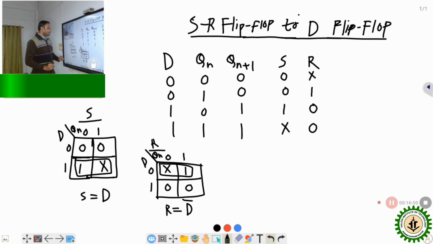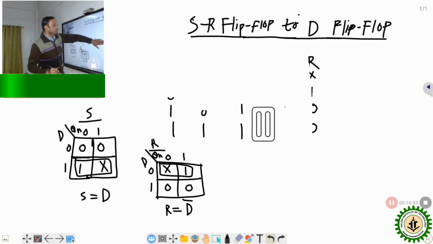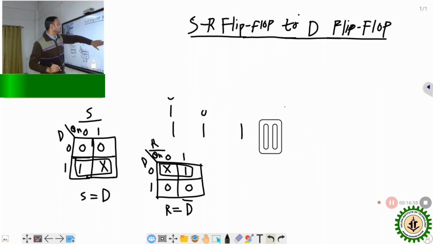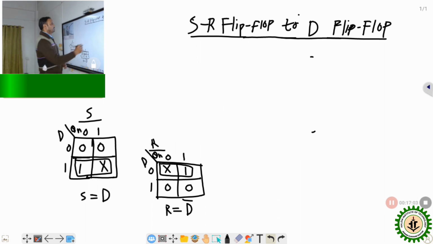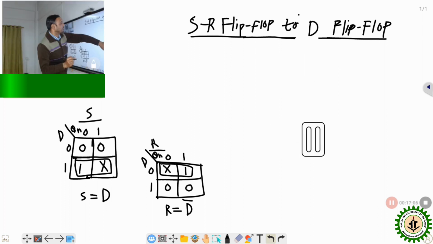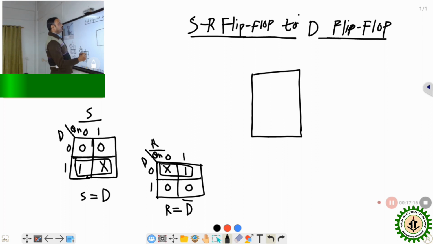So what will be the circuit? It is SR flip-flop to D flip-flop. That means it is S, it is R, it is Qn, it is Qn bar.